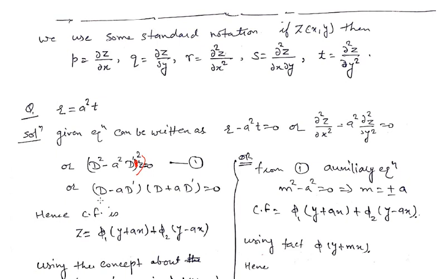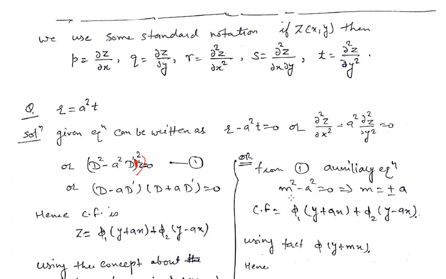We compare this with bD − aD′. The value of b is 1, minus aD′, a is a, so y + ax. In place of b we put 1 and in place of a we put a, so it becomes φ1(y + ax). Here b is 1 and a is −a, so it becomes φ2(y − ax).